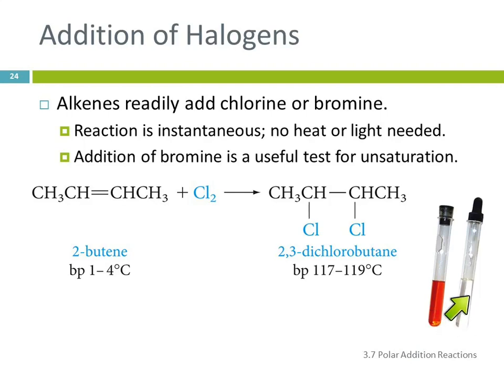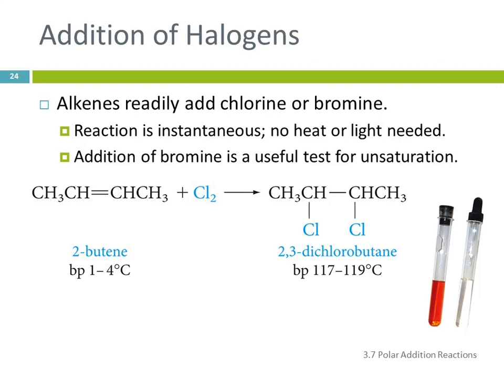If you add bromine to an unsaturated solution, something that has double or triple bonds, the bromine will add across the double bond, and you'll get a brominated alkane as a product, but the color of the bromine will be gone.